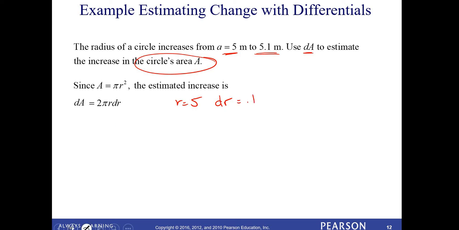So plugging those values in, 5 for r, 0.1 for dr, I find that dA is pi meters squared. So when I have a circle with a radius of 5 and I increase that radius by 0.1, the area's increase is pi.